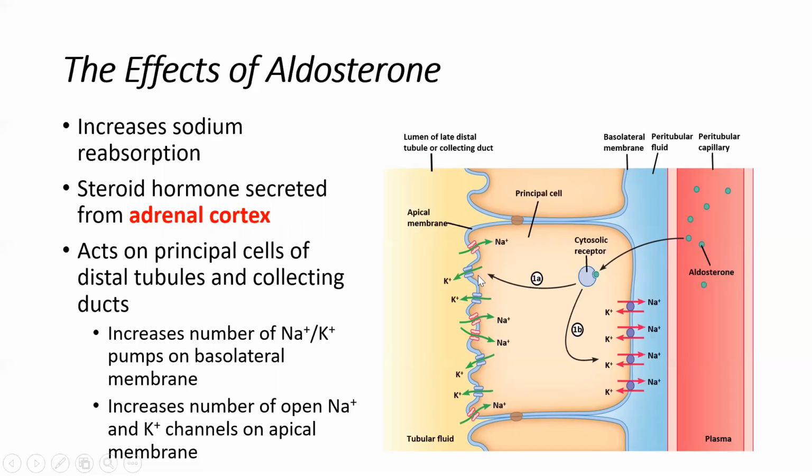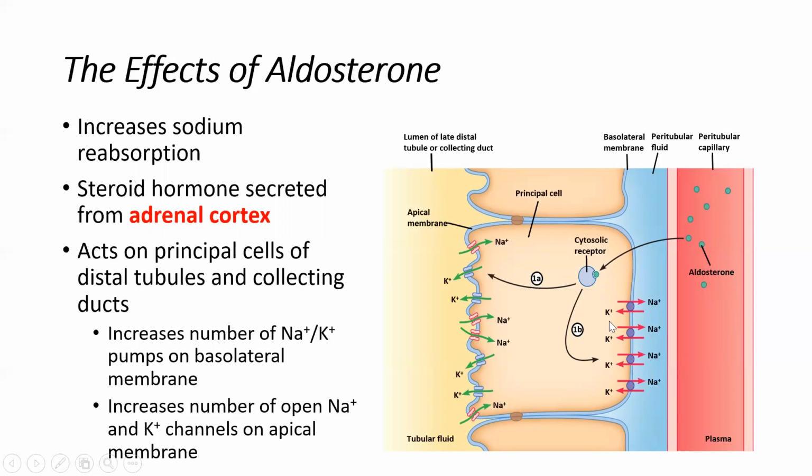So not only is it inserting leak channels for sodium and potassium, but it's also inserting sodium and potassium pumps in the basolateral membrane. So its action is kind of twofold here, but both of these actions are resulting in more sodium reabsorption. So more sodium is being leaked in via these leak channels that are inserted into the apical surface, and then more sodium is being pumped across the basolateral surface by these sodium-potassium pumps, okay?